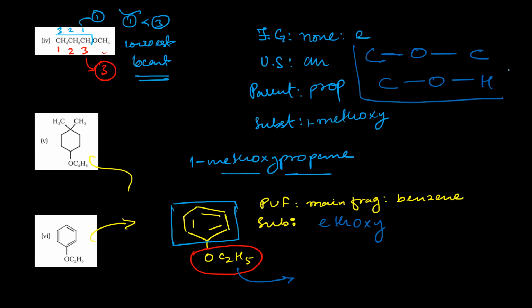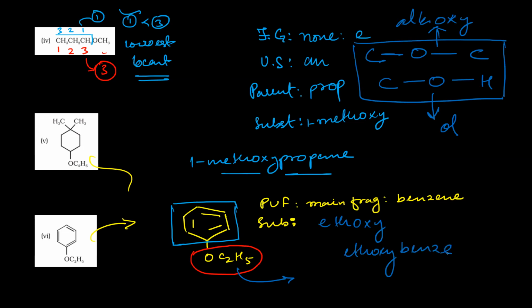Can you see the difference? Yes, sir. So if you have COC, then it will be oxy. Alkoxy, let us say. Ethoxy, methoxy, propoxy. But if you have something like this, it will be OL. Now my name will be ethoxybenzene. Not my name, but what will be the name of the structure? It will be ethoxybenzene. Okay, write this down.